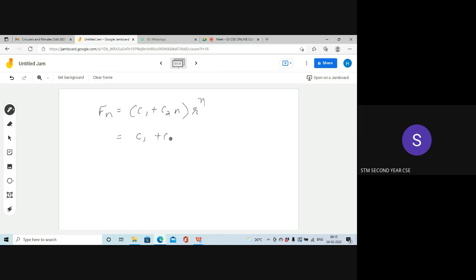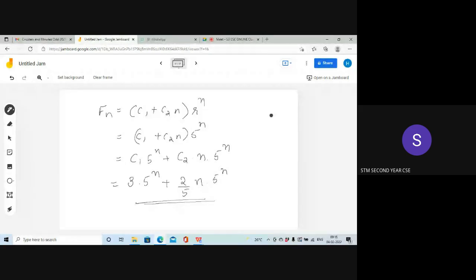C1 plus C2n into 5 raised to n, or C1 into 5 raised to n plus C2 into n into 5 raised to n. The value of C1 is 3, so 3 into 5 raised to n plus C2, which we got as 2 by 5, into n into 5 raised to n. So this is the answer.